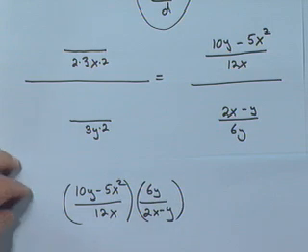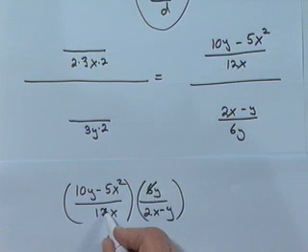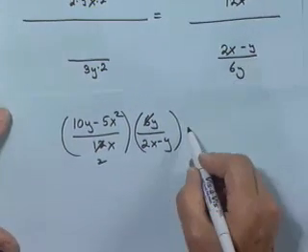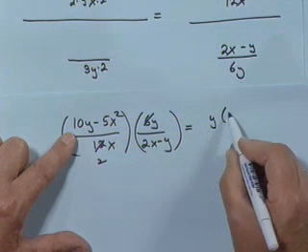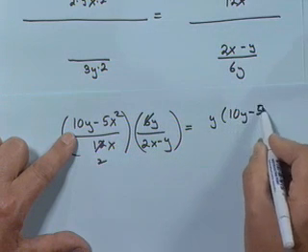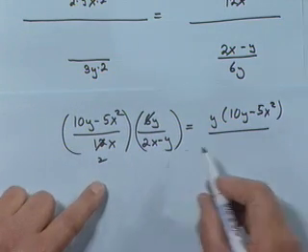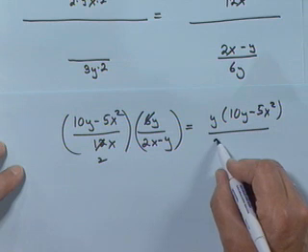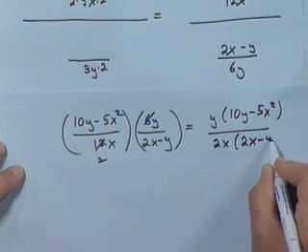When we do this, we can do a little simplification here. Notice that the 6 goes into 12 2 times. So the numerator is y times 10y minus 5x squared. And the denominator is 2x times 2x minus y, and so we would have 2x times the quantity 2x minus y.